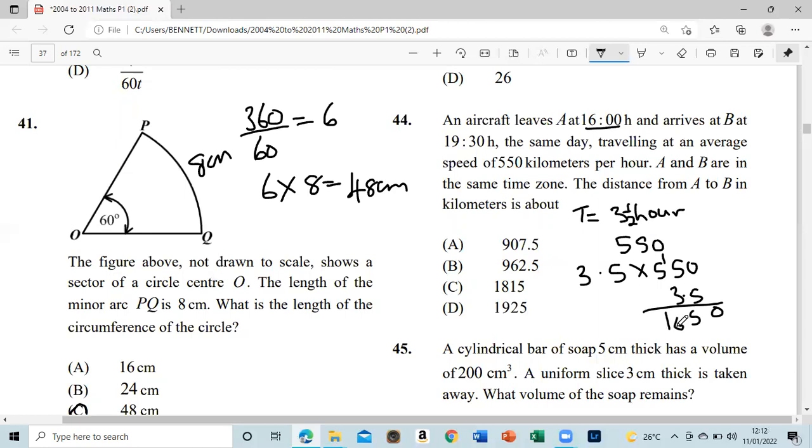Put a 0 for the space as I multiply by 30, by 3 now rather. 300, 35, 15.